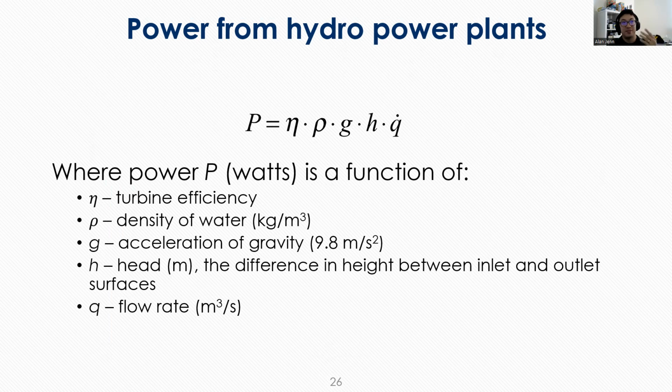If you think about what this actually looks like, this is basically a reflection of your potential energy equation. Potential energy is equal to mgh, mass times gravitational constant times height. To go from energy to power, we divide by time.